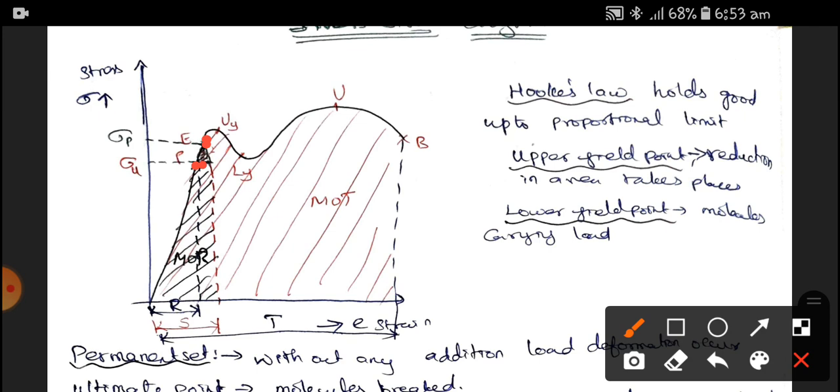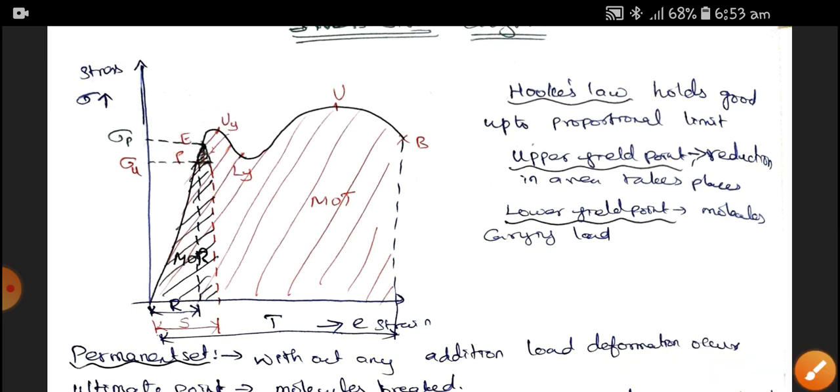The proportional limit and elastic limit are divided by a small thing, that is the difference between the strain energy and the resilience. If you understand the difference between the strain energy and resilience, we can easily understand the range between the elastic limit as well as the proportional limit. Therefore, the proportional limit is a bit below the elastic limit, that you have to understand.